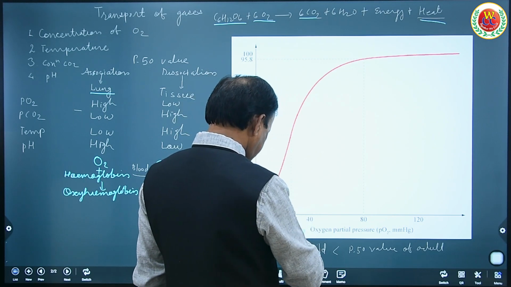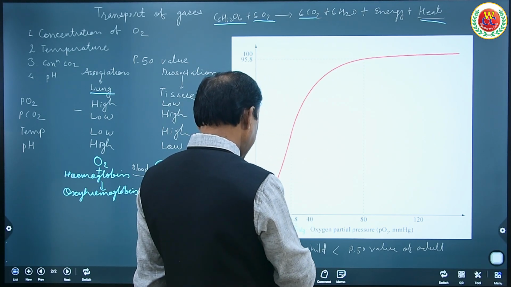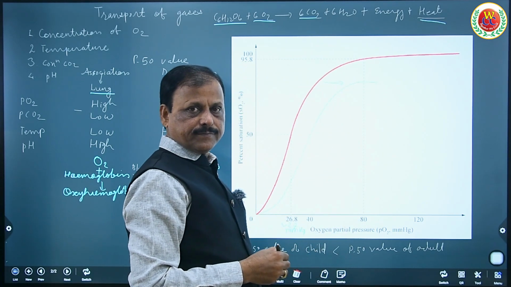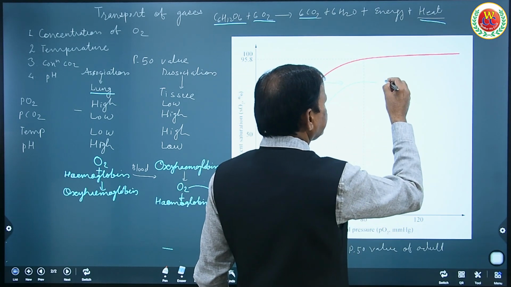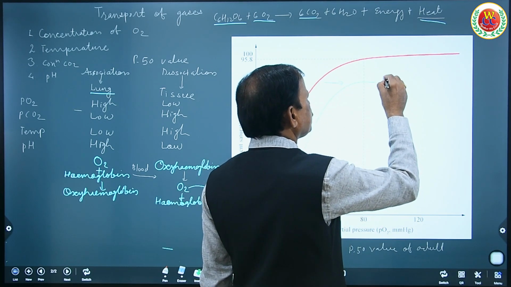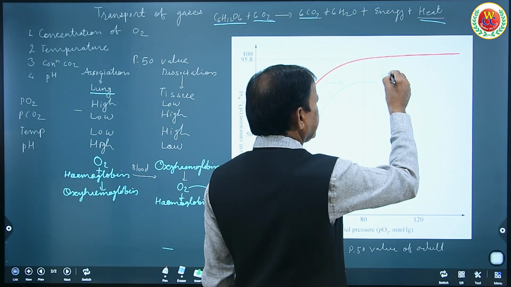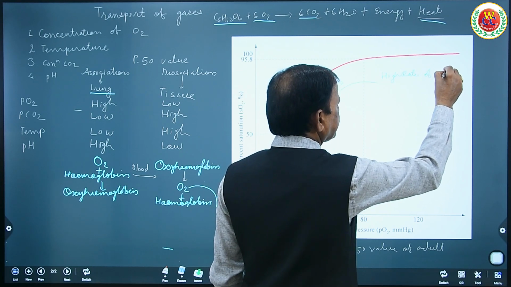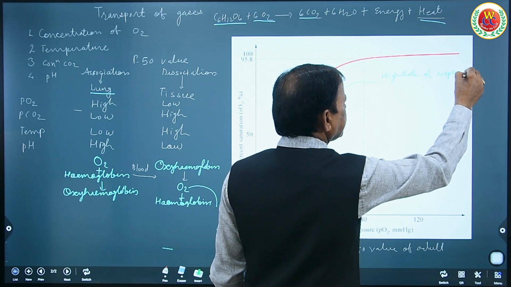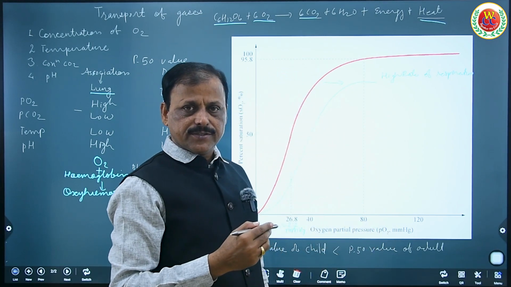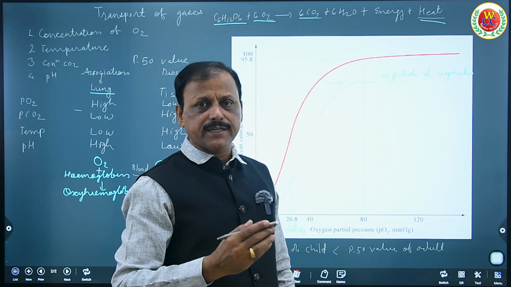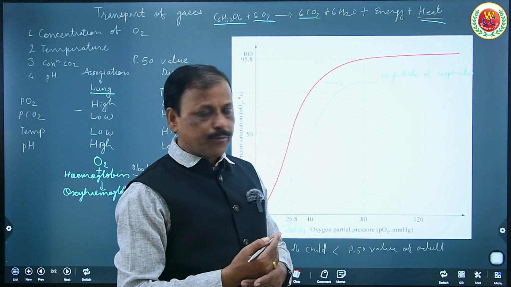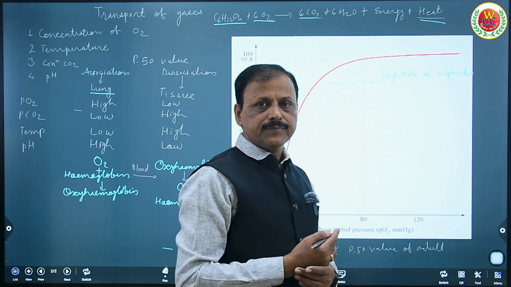Now, this curve can be turned towards the right side when there is a higher rate of respiration going on. At a high rate of respiration, during exercise or when high energy is required, when we climb a hill or play with vigorous physical movement, the P50 value increases.